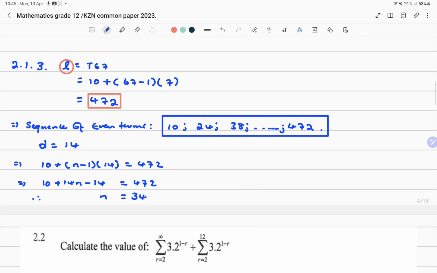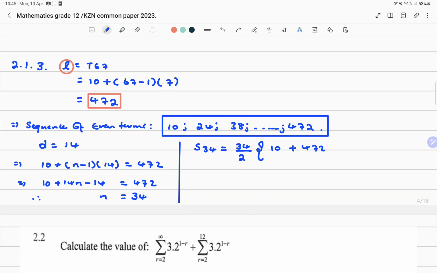Okay, so that is what we needed. So let's create a bit of working space now, because I kind of gave myself a small space to work on. It means S34. Again, I'm not going to be writing the formula. It's a waste of time at this point. You can see there are just too many calculations for no marks at all. So I'm just going to jump in and say it's going to be 34 over 2 into, I know the first term, which is 10. I also know the last term, which is 472.